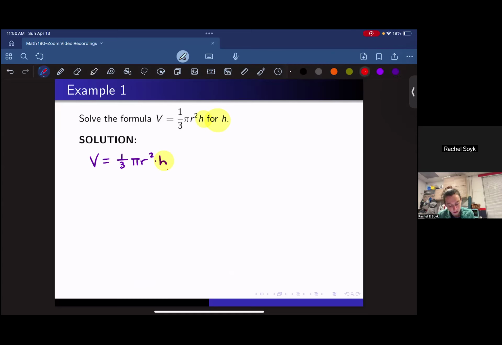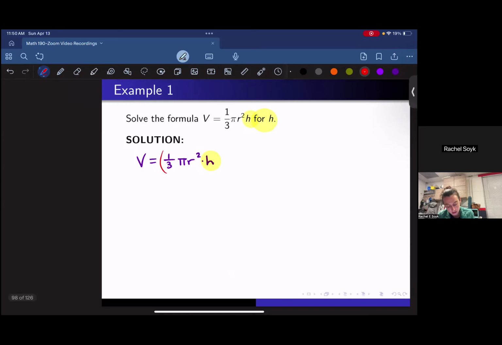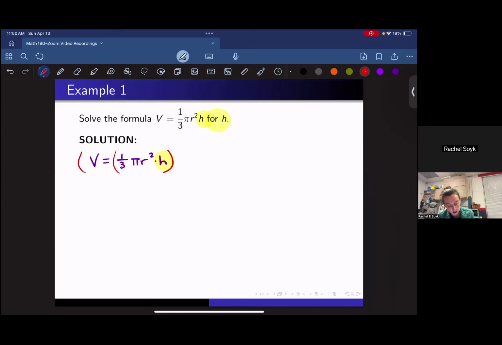So how do we do this? Let's go ahead and utilize our inverse operations. We are going to multiply both sides by 3. And now we're looking at 3v is equal to pi r squared times h.